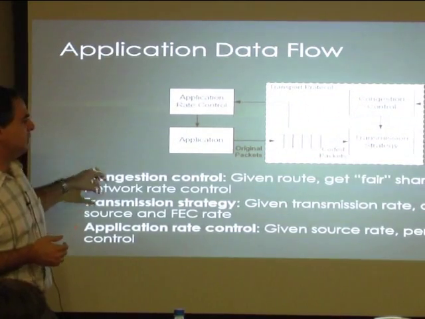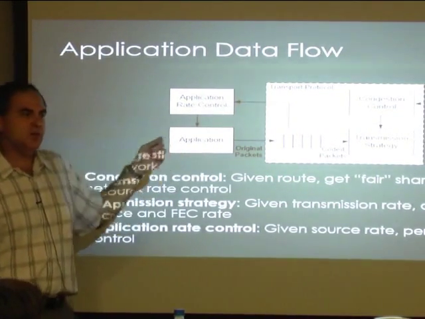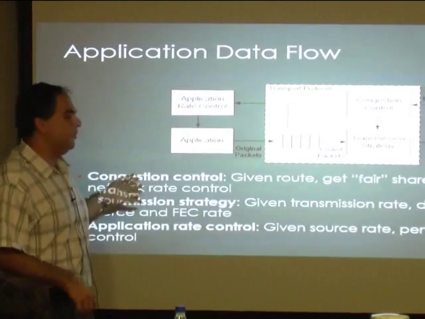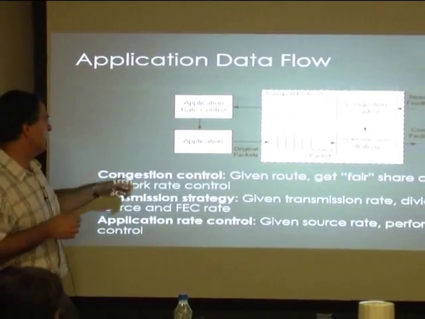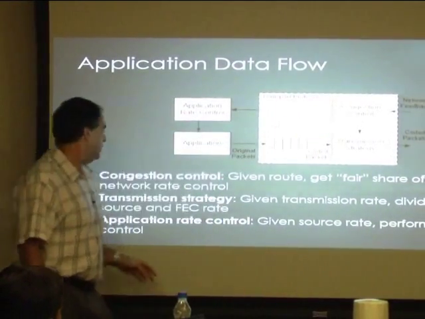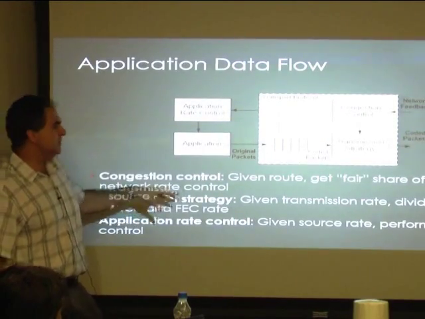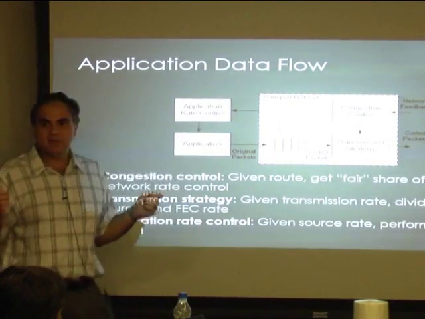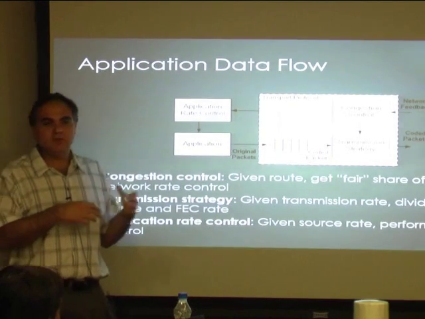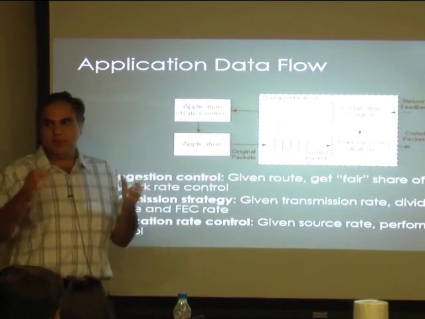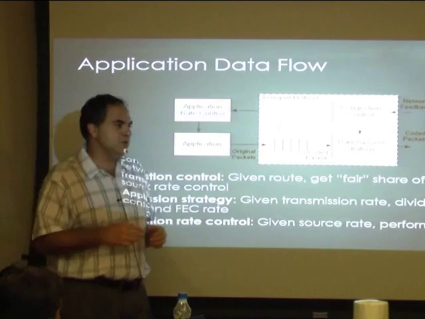So the first thing is, given an end-to-end route, what's the total bandwidth I can use? That's the job of this congestion control. And this guy's job essentially is, given this total rate, how I should partition it between forward error correction and original rate.